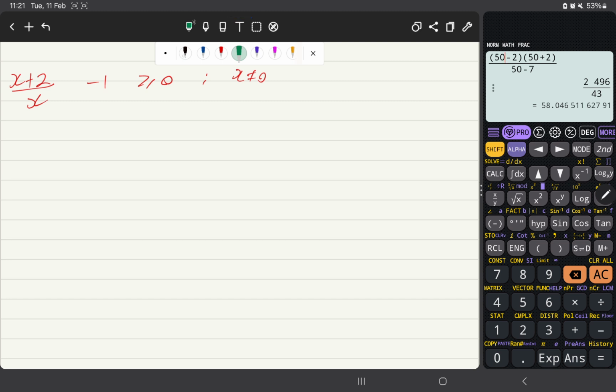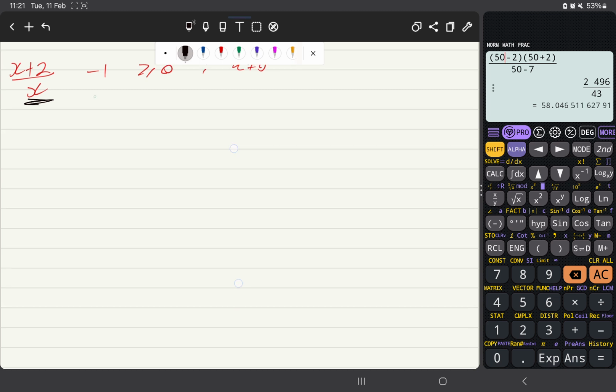We know our x cannot be 0, so of course we are trying to solve this problem. Now let's make the denominator here to be x. So you have that minus x over x, right?